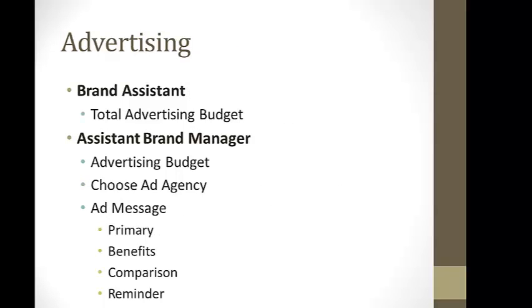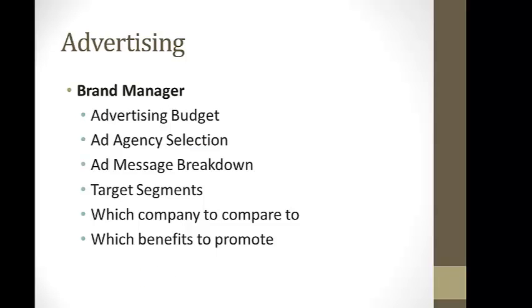Talking about advertising, the brand assistant is going to be in charge of the total advertising budget. The assistant brand manager is going to be in charge of the advertising budget, choosing the ad agency, and the breakdown of the ad message between a primary message, a benefit-specific message, comparison advertisements, and reminder advertisements.